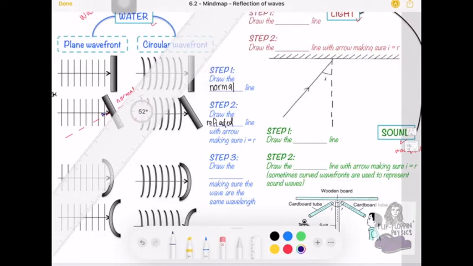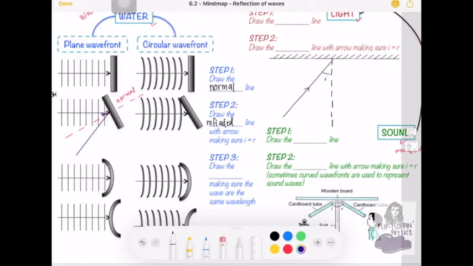But because I don't have the tool here, so I'm just gonna do a little bit of guessing. So it must have looked like somewhere here as the reflected ray. So now that purple color will be my reflected ray. Okay, and it's written here, making sure that i is equal to r. In real life, please use protractor.